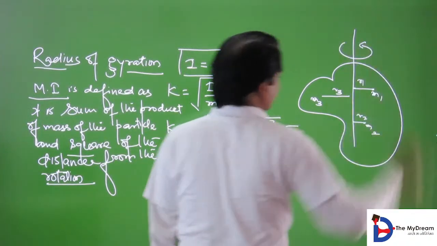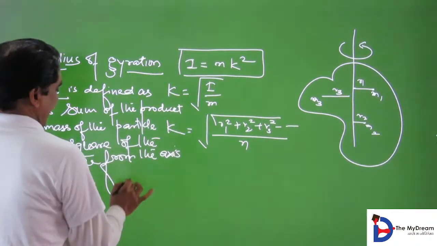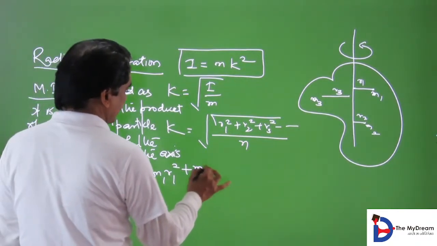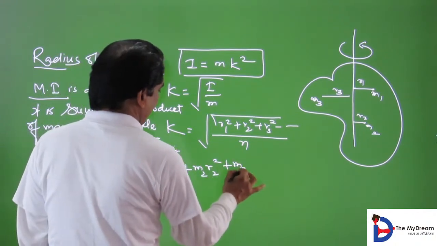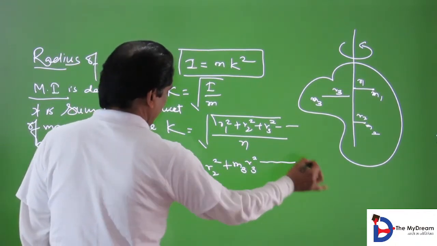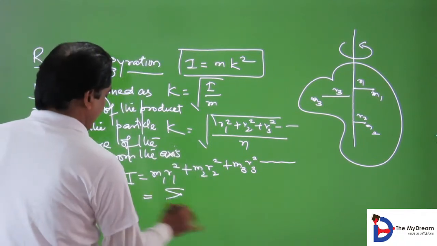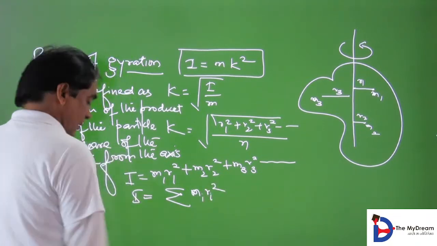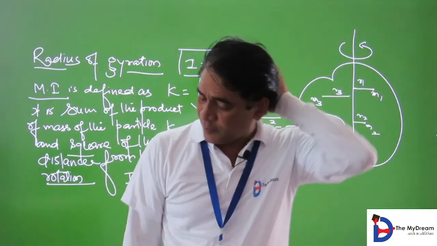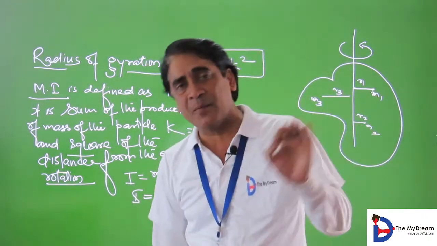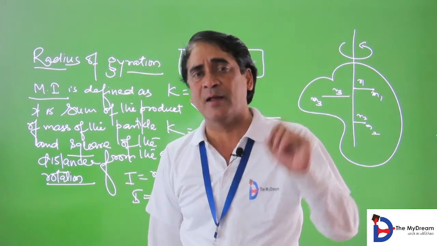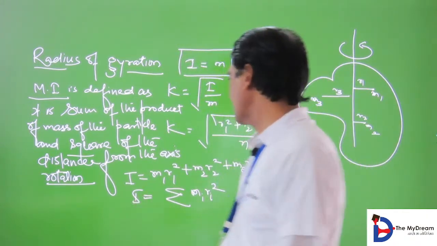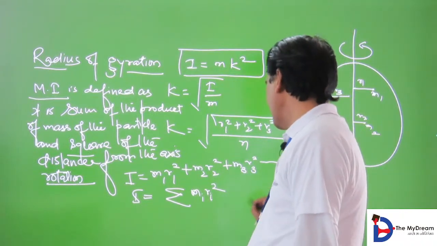So this is given by I is equal to m1 r1 square plus m2 r2 square plus m3 r3 square and so on, which can be written as I is equal to sum of mi ri square. So the moment of inertia is the sum of the product of the mass of the particle and the square of the distance from the axis of rotation. Generally आप ऐसे भी लिखते हो.